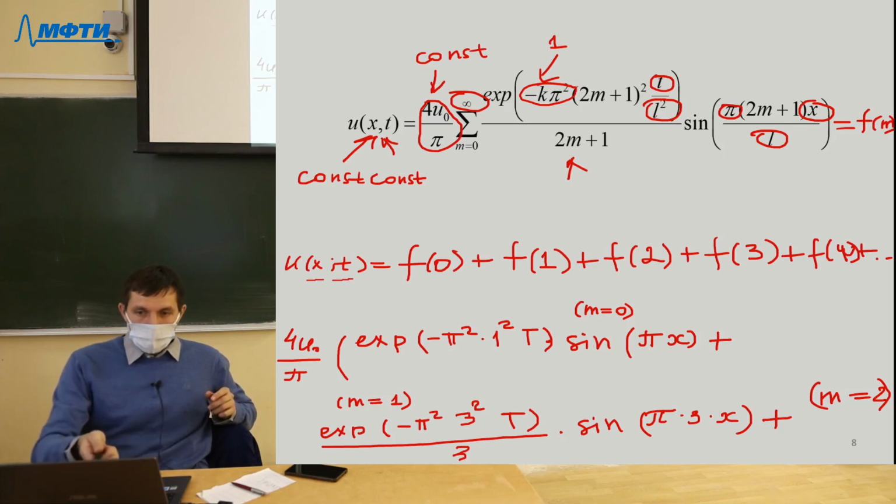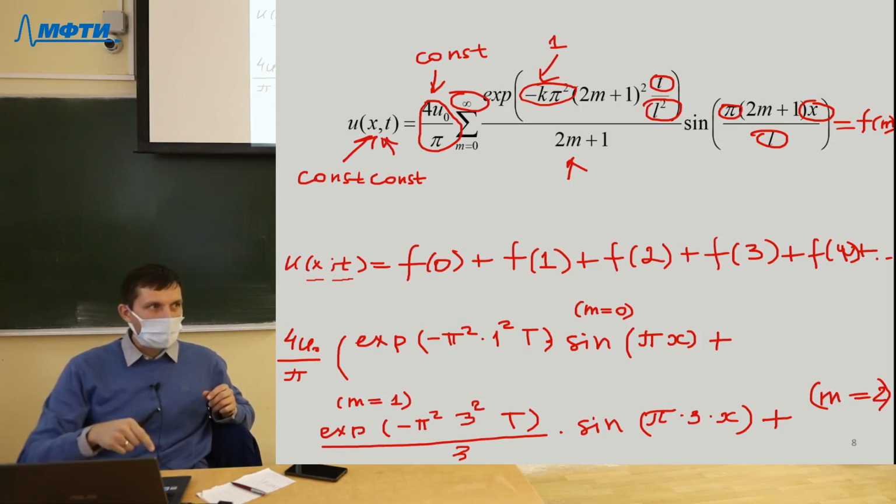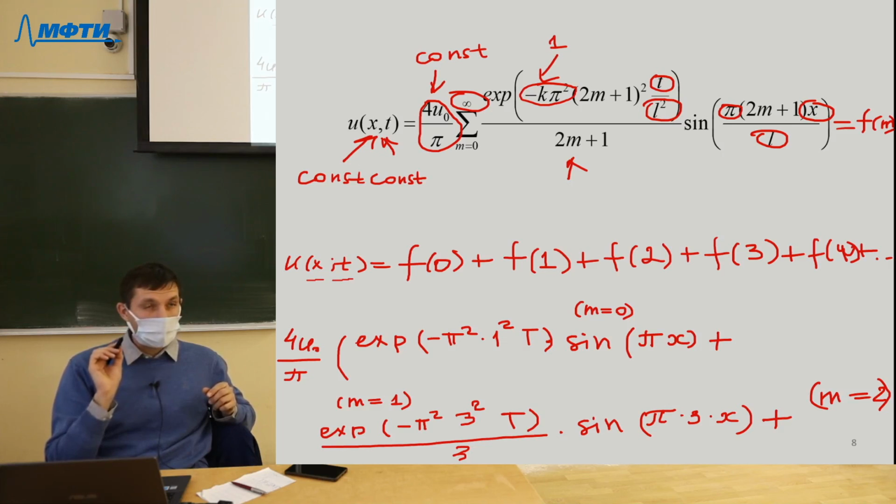And so on. If x equals L over 2, so the middle of the road, that means the sine will be p times odd over 2. For example, sine p over 2.